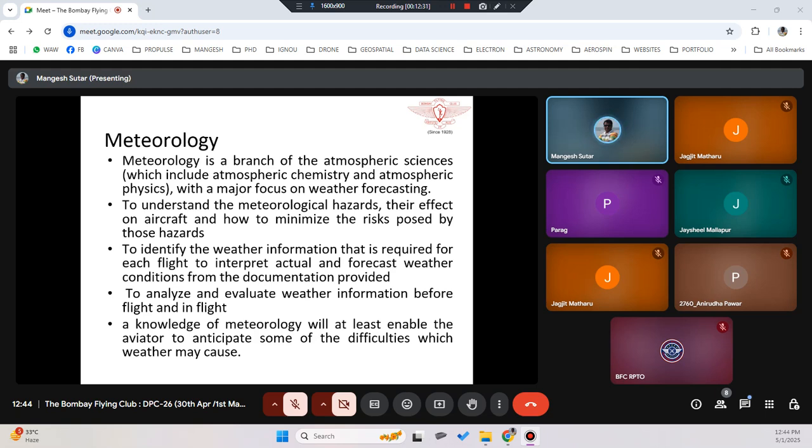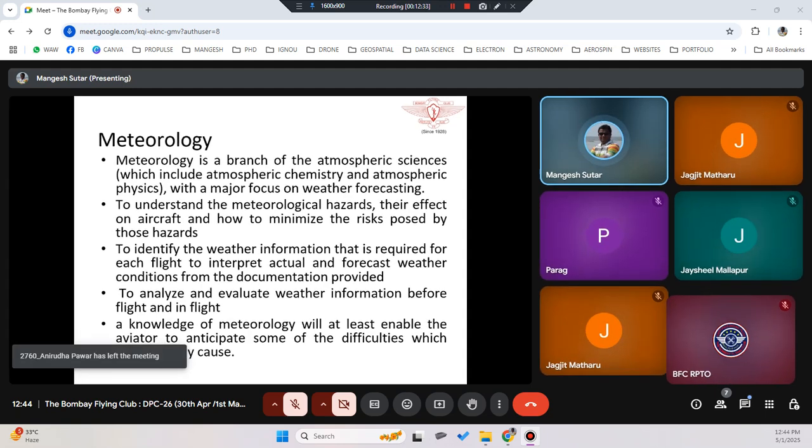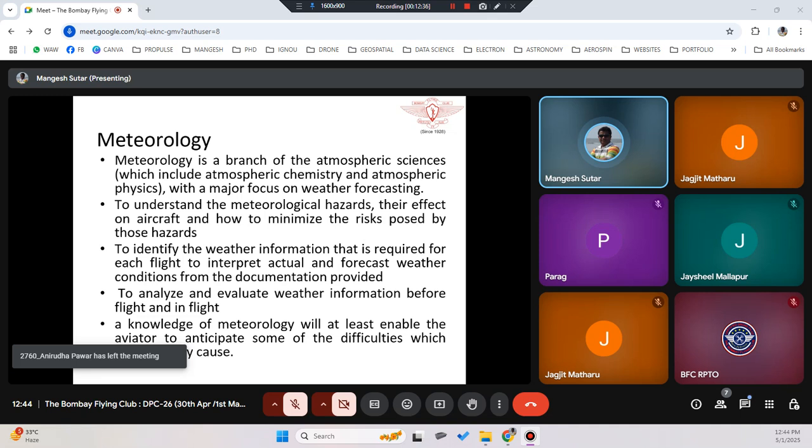Then I might have to see Surat, Ahmedabad, Jaipur, and where I am going to land, probably Delhi. If I'm going to Kolkata, then probably Mumbai to Nagpur, and whatever airports are in between, small or big, which I have taken in my flight plan. Those airports, I will check the status of weather at that location.